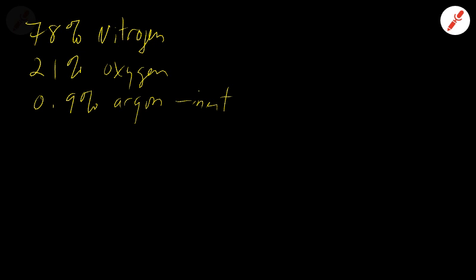And the rest, 0.1%, are other gases. This can include carbon dioxide, nitrogen dioxide. It can include methane. It can include a little bit of hydrogen and helium. Very, very little of those, et cetera, et cetera.